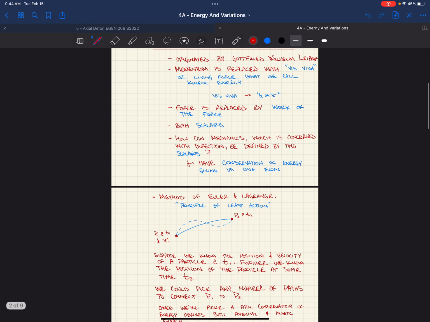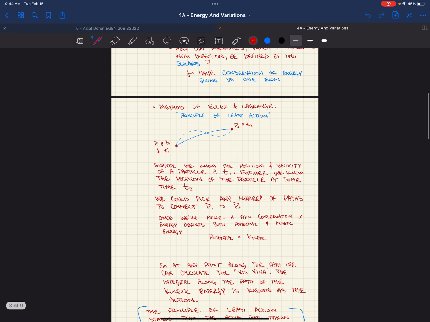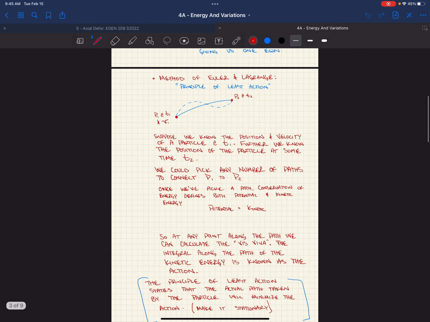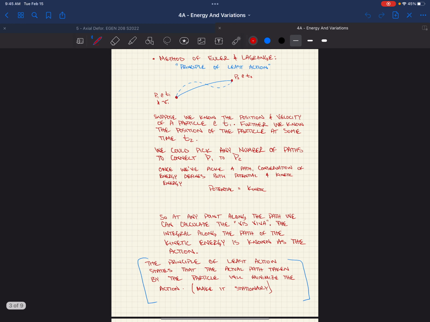So we have conservation of energy that we use, and then we have this principle of least action, right? So if we had two points of known position and velocity at two different times, and we know the position of the particle at some other time, t2, the path that particle could take could be any number of them. And once we assume that we knew a path, right, we could define both potential and kinetic energy of the particle as we went from, say, point 1 to point 2.